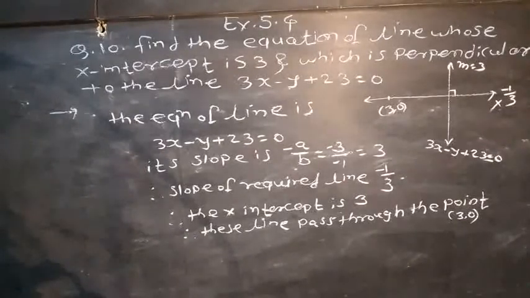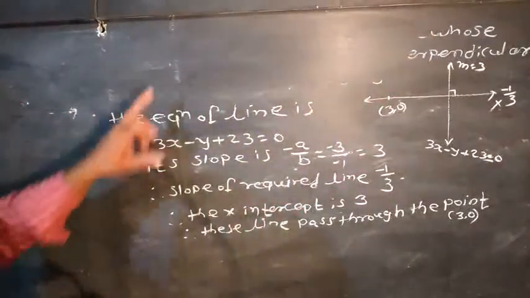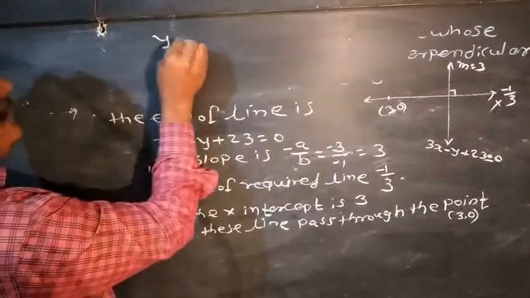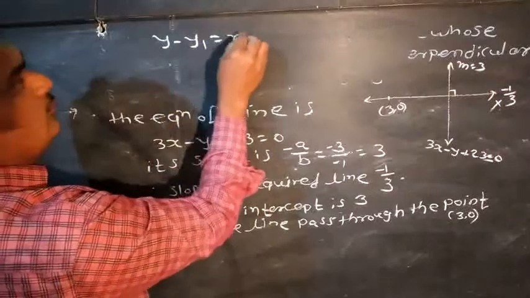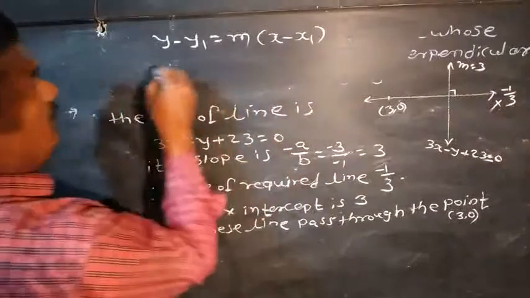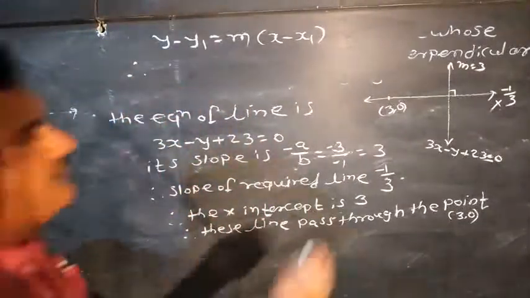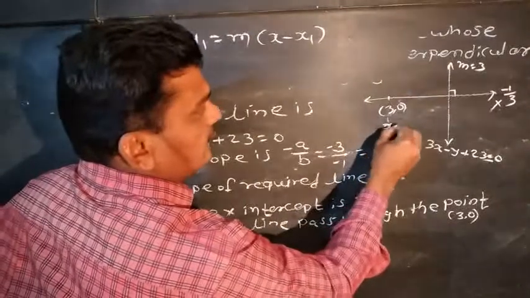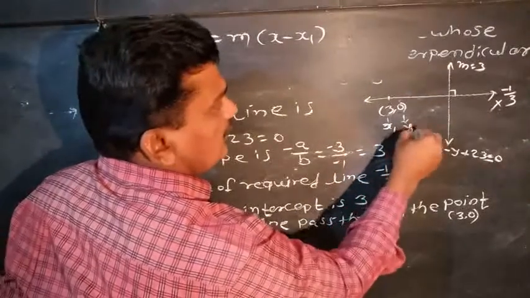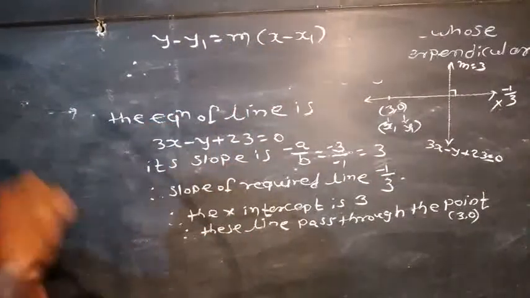Our slope-point formula is y minus y1 is equal to m multiplied by x minus x1. Consider this value as x1 and this value as y1. Next, put these values in this equation.